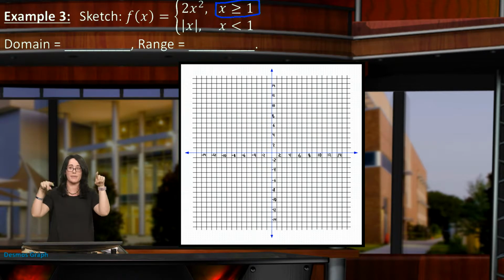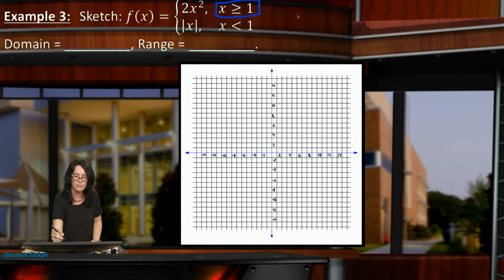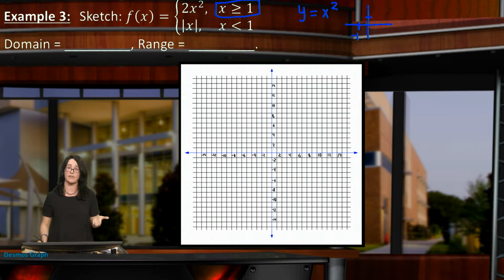Those parabolas can be opening up or down. So in this case, if we remember that if I have a graph y equals x to the second power, that's one of my basic parabolas I should always remember. And it had 3 easy points that I could keep in my mind all the time. Whenever x equals negative 1, I have a y value of, well, negative 1 times negative 1, it's positive 1.